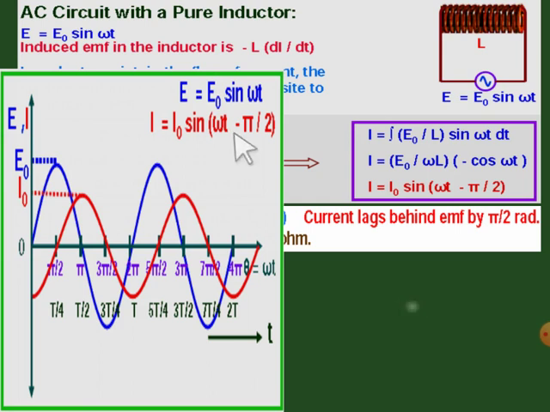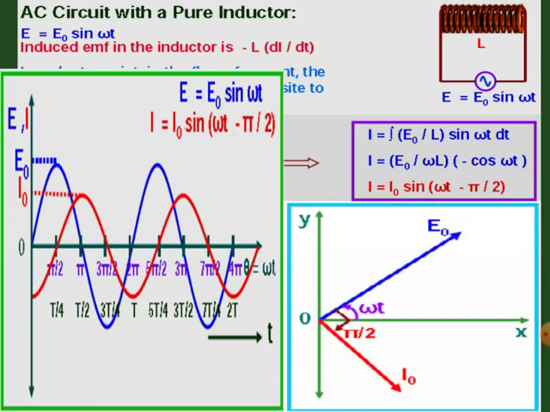Now let's try to see the phasor diagram. Here, the instantaneous EMF will be given by its projection onto the y-axis, and the instantaneous current can also be had by projecting it onto the y-axis like this.